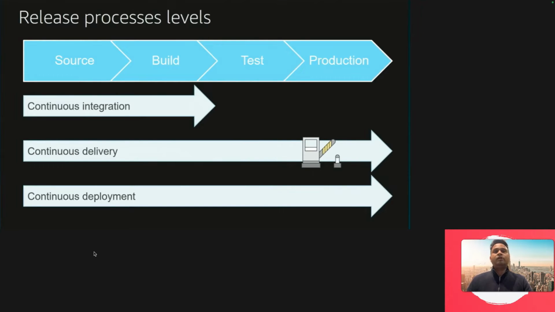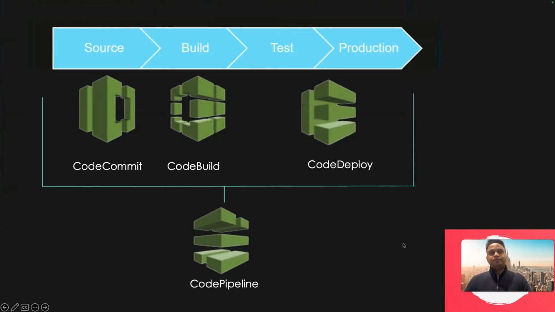That's the ultimate goal. But with continuous deployment, it is really difficult to achieve, and you have to be really confident in your code and your whole process that whatever you're checking in is going to production. But it's an ultimate goal for any team to achieve.